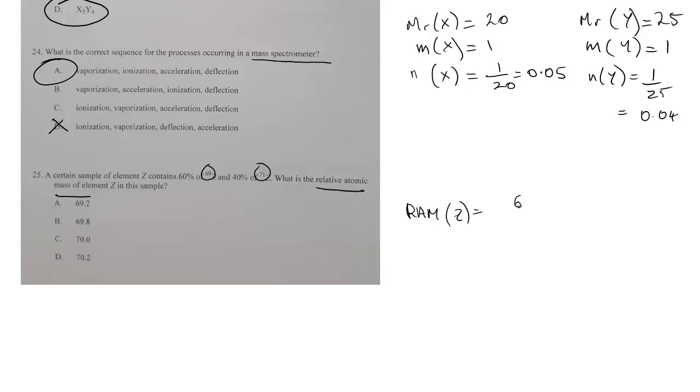So 69 times the percentage abundance 60, plus 71 times 40, and divide it all by 100, and then figure it out. It gives you 69.8 as the relative atomic mass of Z. So the answer should be B.